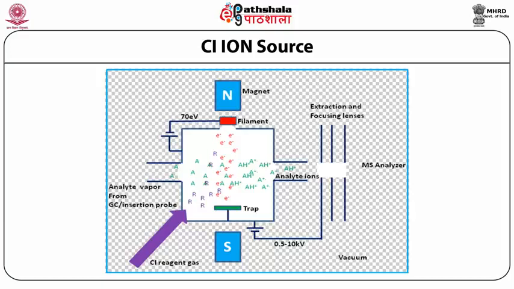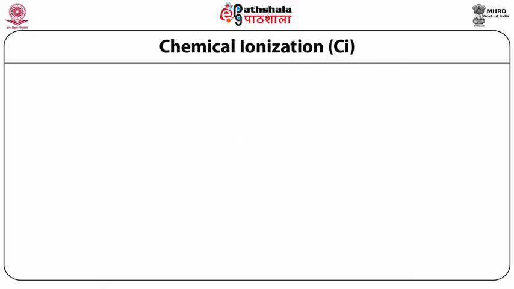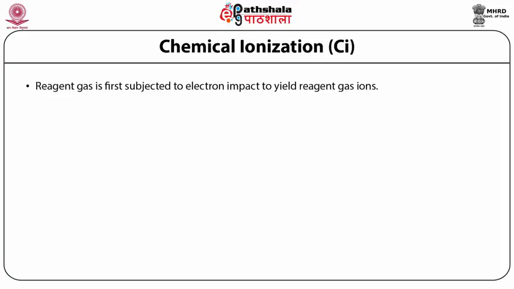Here actually the electron beam first bombards the reagent gas, which gets ionized as it is done in the electron ionization source, and then the molecule which enters from the inlet device undergoes an ion molecule reaction, and either it is protonated or, depending upon the reagent gas, it may result in various adduct ions also, which are recorded in the mass spectrum.